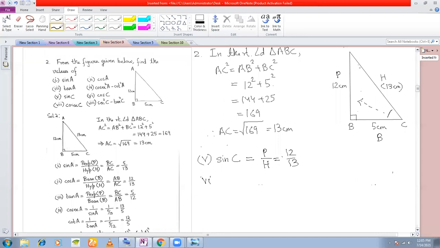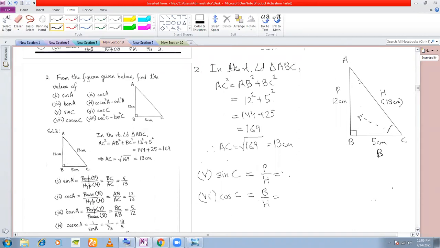Next, number 6, cos C. Obviously, if this is the perpendicular, this will become our base now. So cos C is base by hypotenuse. Let's write the length also instead of writing directly. Perpendicular, in the first one, perpendicular was AB. Let's get into the habit of doing this, okay? AB by AC, which you can write as 12 by 13.